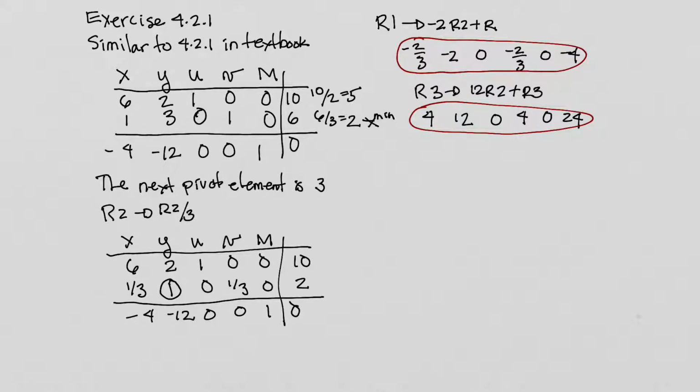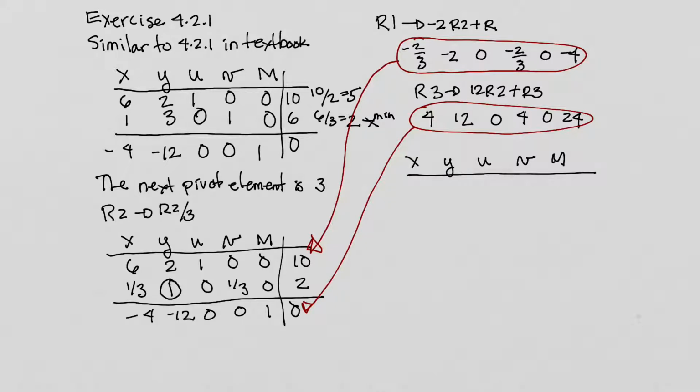Now let's add these rows. I'm going to add this row here to row 1, and then this row here to row 3, and this is what it's going to look like. All right, negative 2/3 added to 6. 6 we can write as a fraction as 18 over 3. 18/3 minus 2/3 is 16/3.